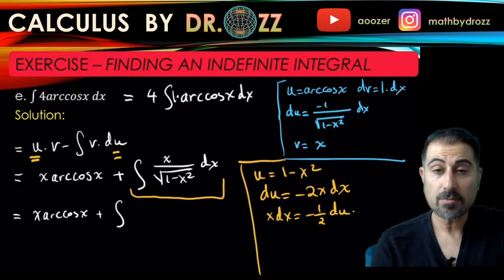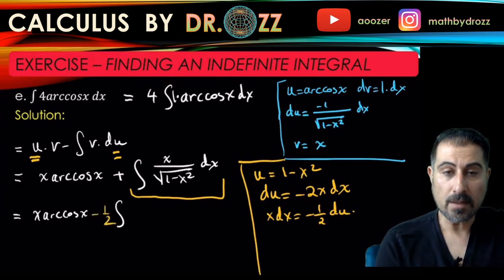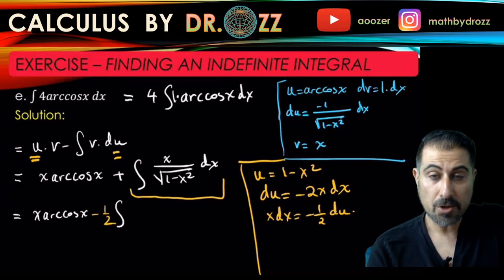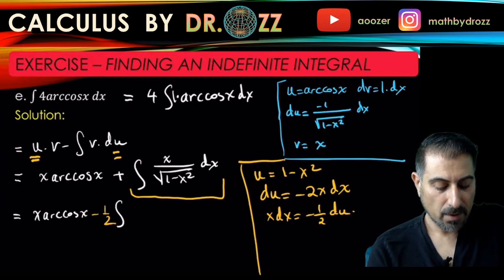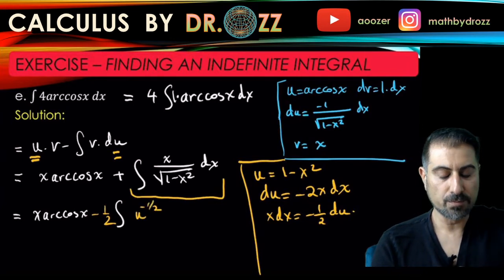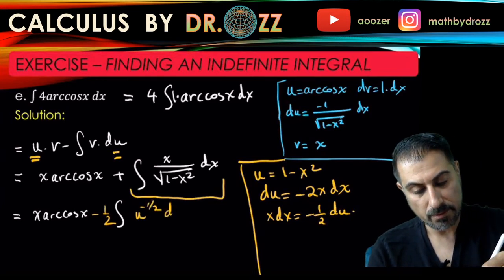Negative 1/2 du over radical u, but I'm going to write radical u as u to the power of 1/2. Since it's reciprocal, it's u to the power of minus 1/2 du.